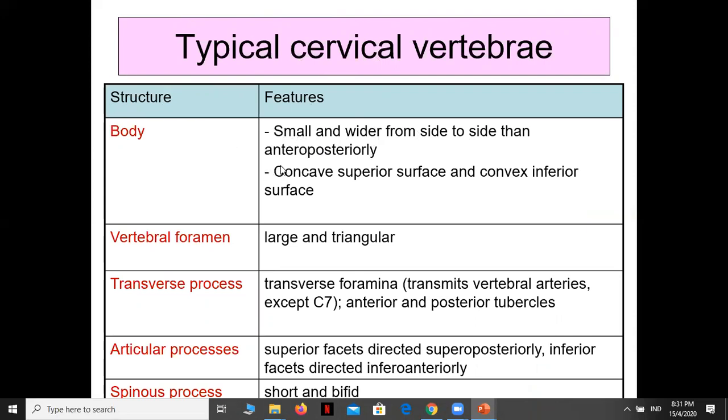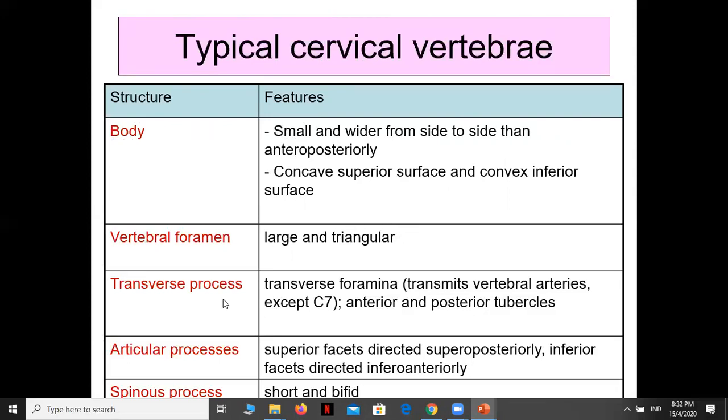It also has a concave superior surface and a convex inferior surface. So this is the feature of the body of the typical cervical vertebra. It is small and wider from side to side, meaning that from side to side it is wider compared to anteroposteriorly. For the vertebral foramen, it is large and triangular in shape.